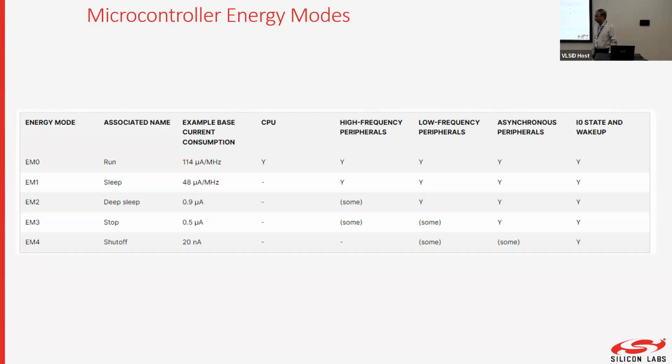And if you don't invoke any of the low energy modes, your thing will still work perfectly, but you may not meet your battery life goals. So what I tell students is to try and design a product. Don't do a project. A project is to show something working. A product has many other aspects to it, including ease of use, cost, battery life, and robustness.